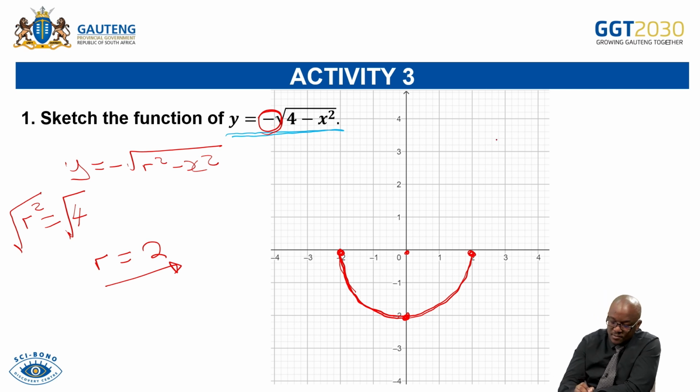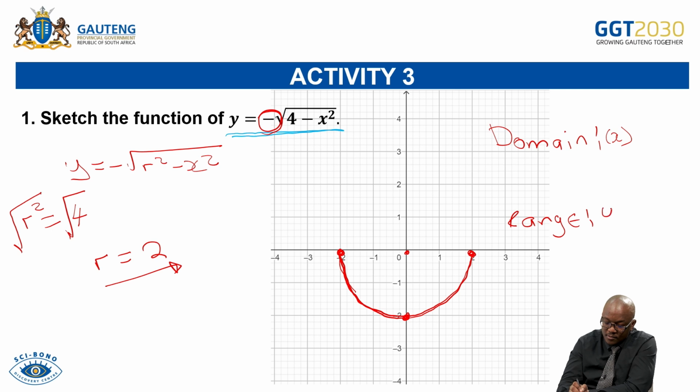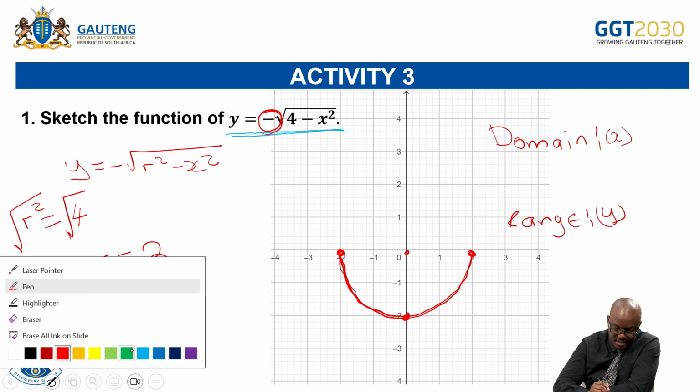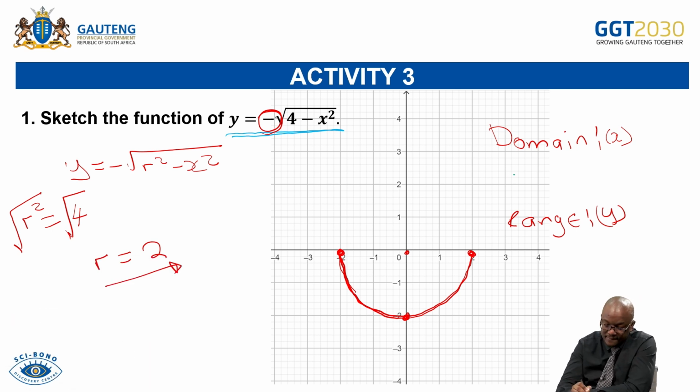Then we now have to determine our domain, x values, and the range, y values. Remember, domain is where the x values are defined: x element of [-2, 2].